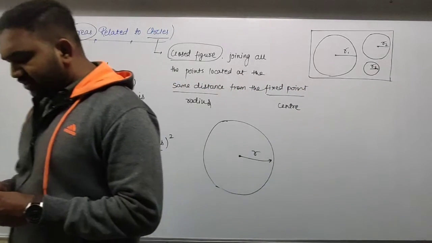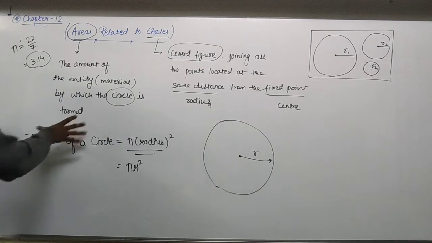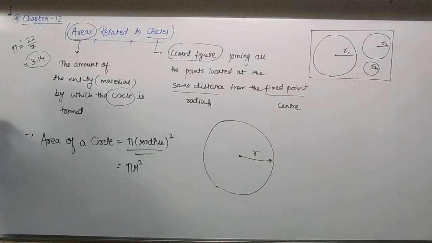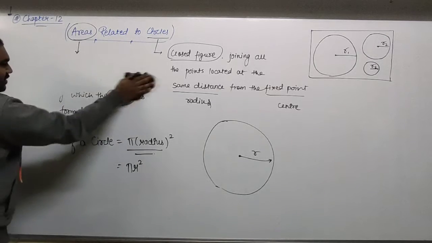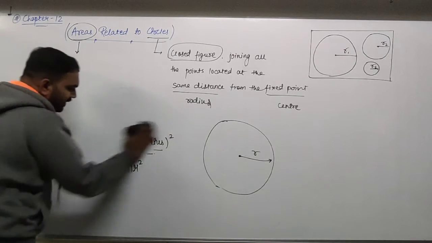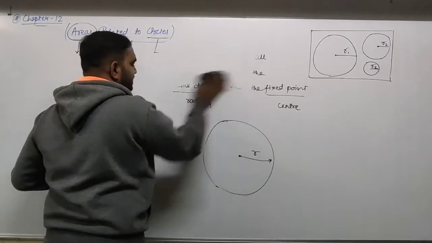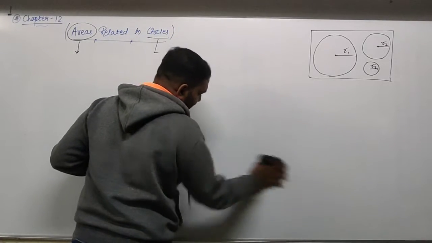let us also have a quick discussion of what we are going to see in the introduction portion of this chapter. So that is the first thing: what is area, and how can we find out the area? What is the circle? The closed figure joining all points located at the same distance from a fixed point is known as the circle. Now let us quickly see what the content of this chapter is, and then we shall move on with the first thing, that is the circumference or perimeter of the circle.